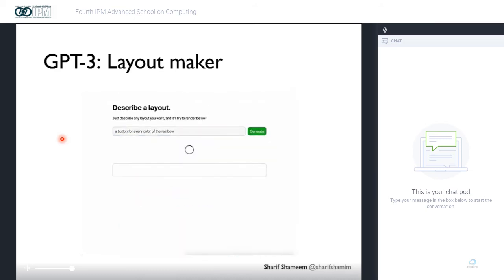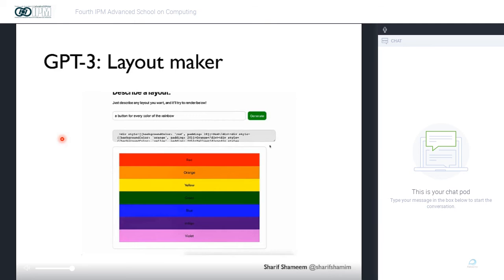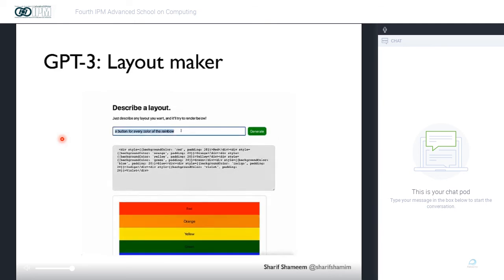A button for every color of the rainbow. So it has to understand what is the rainbow, what are the colors in it, and also how to generate the code for buttons. There are many different sorts of stuff that's going on here.